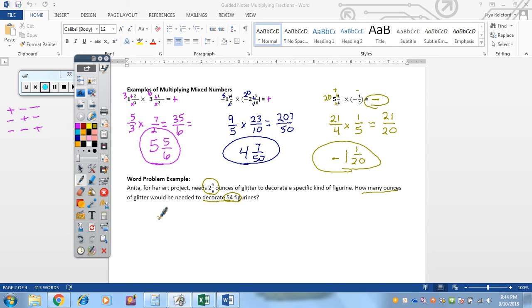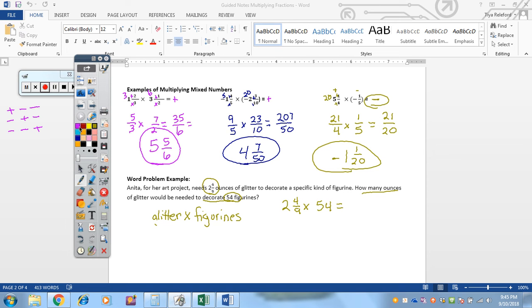We need the amount of glitter times the number of figurines. So how much glitter do I have? 2 4/9 ounces times 54 figurines.